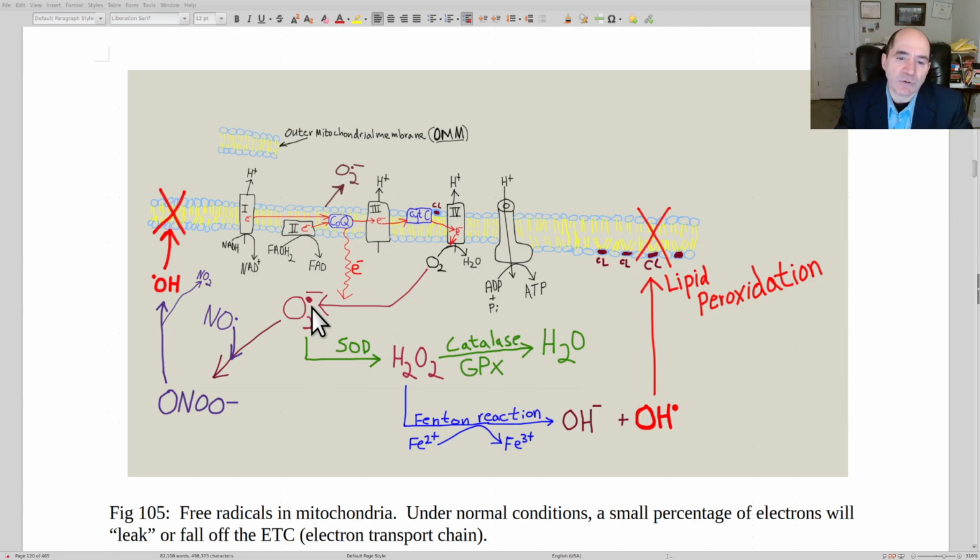Now, a little bit of this normally happens, and the body's ready for it. We've got this enzyme here, SOD, superoxide dismutase, and it will convert the superoxides into hydrogen peroxide, and then we can further neutralize them all the way down to water with other enzymes like catalase or glutathione peroxidase, and make them into water, and it's totally harmless, no big deal, okay?